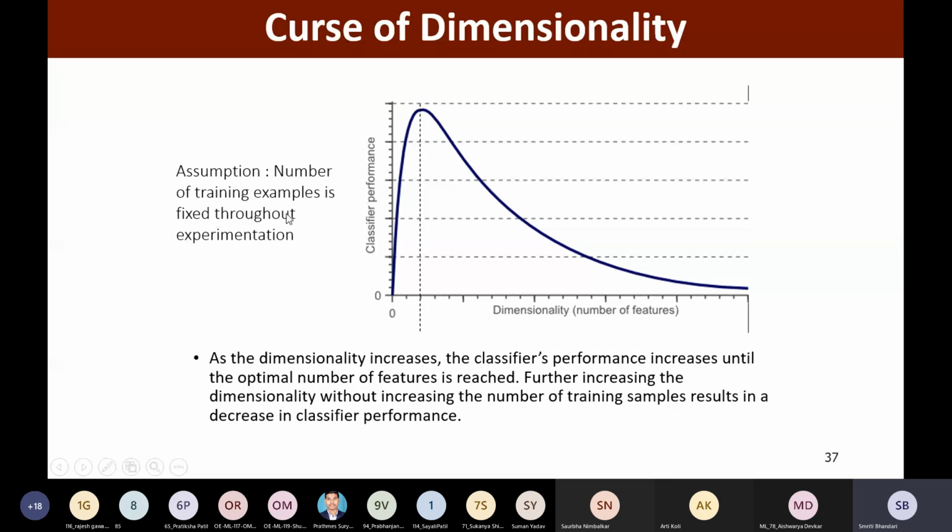So see here, we are assuming that the number of training examples is fixed throughout the experimentation. So this is a plot of a typical experiment that is performed. When performing this experiment, the number of training examples are fixed throughout.